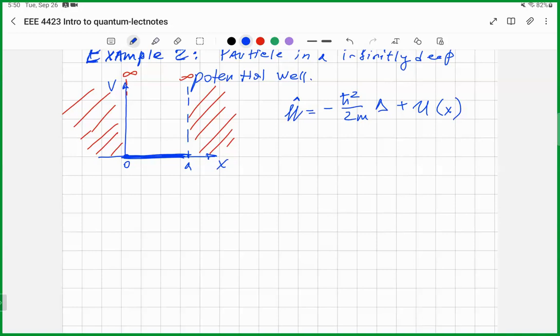So instead of r, we use x. Now for this potential, we have 0 if the particle is inside of this well, so for x from 0 to a, and infinity otherwise.